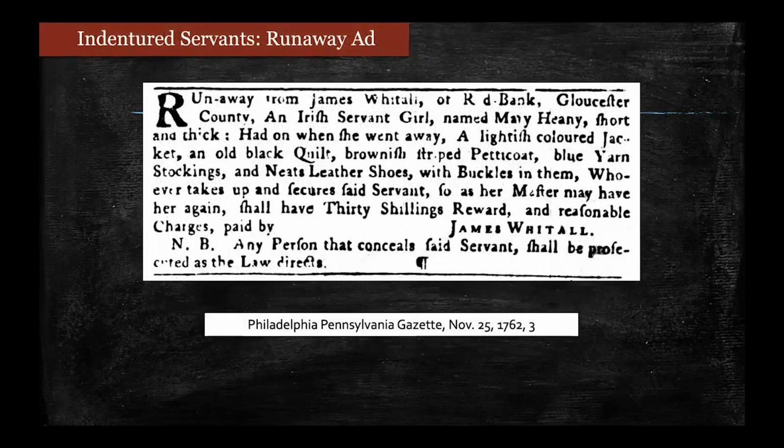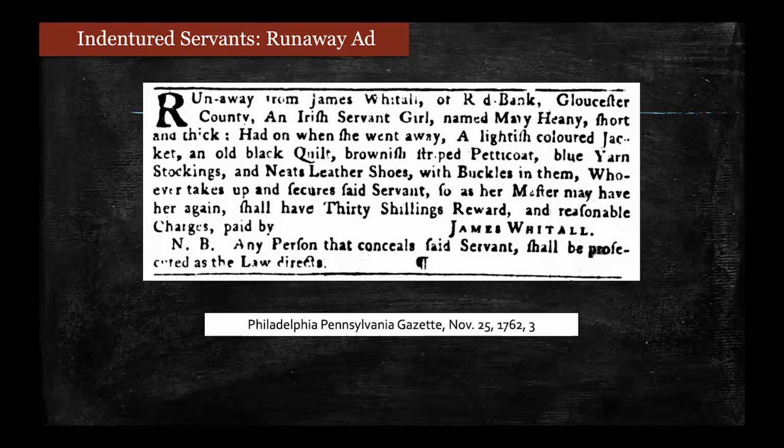Indentured servant runaway ad. Runaway from James Whitall of Red Bank, Gloucester County, an Irish servant girl named Mary Henny, short and thick. Had on when she went away a lightish colored jacket, an old black quilt, brownish striped petticoat, blue yarn stockings, and neat leather shoes with buckles in them.